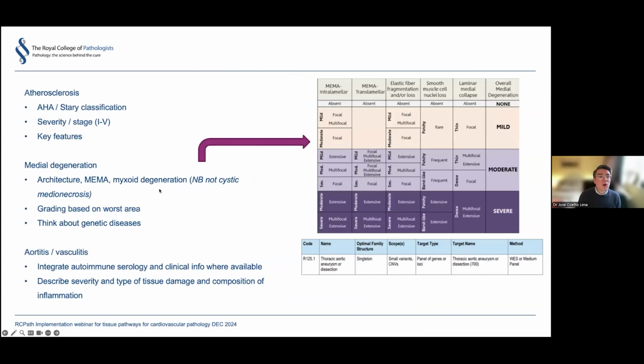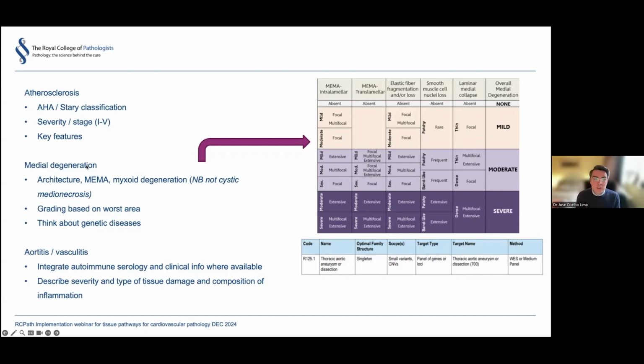So in terms of atherosclerosis, the American Heart Association histologic classification is the one that should be used to describe the severity and the main pathologic features associated with atherosclerotic disease.